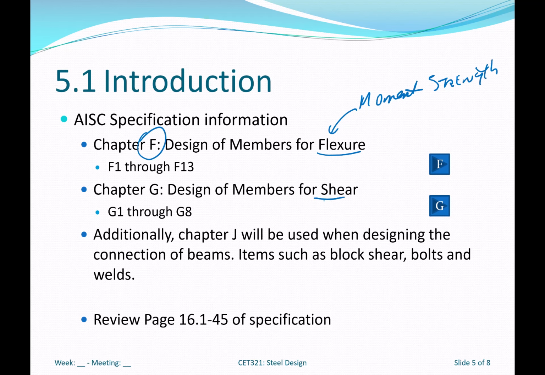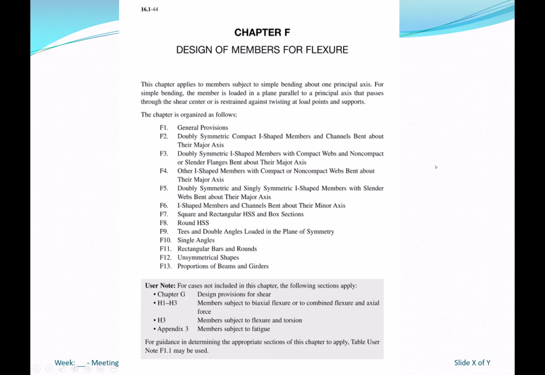And then shear, right? This is going to be V sub n. Shear strength, this is going to give us our nominal moment capacity. And again, chapter F looks like this. Lots of sections, but we're going to deal primarily with compact I shapes bent about their major axis.